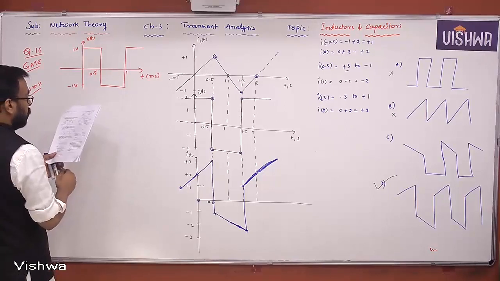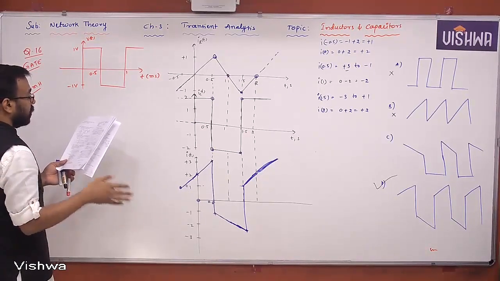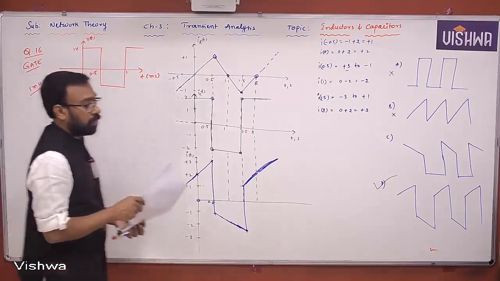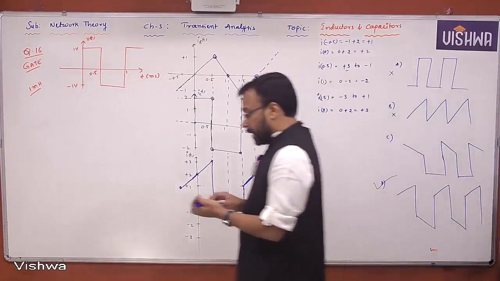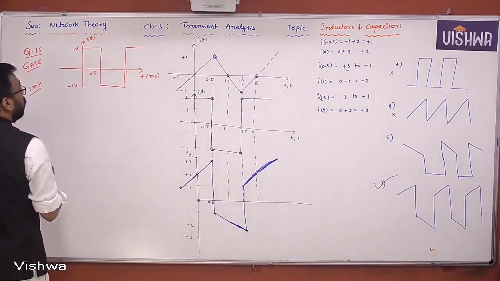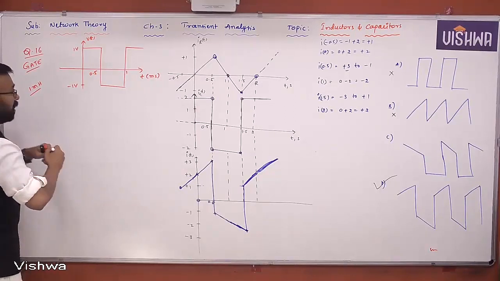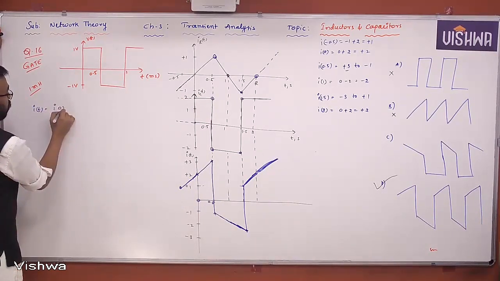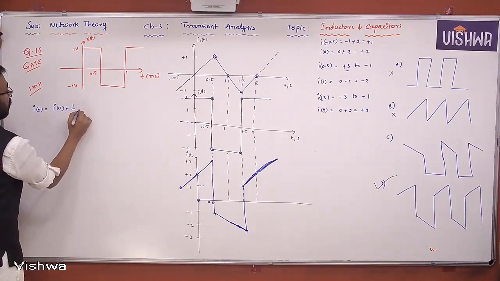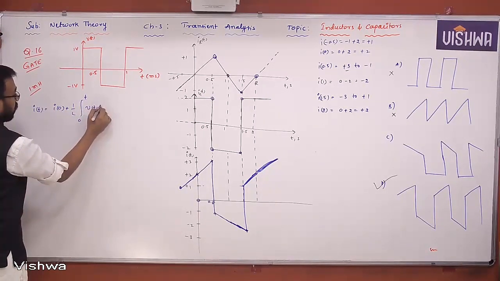Okay, so now what is expecting? The current through the inductor is dash, he's saying. So let us try to answer it easily. When voltage is given and we need to find current through the inductor, what is the formula that we have? Current through the inductor is I of 0 plus 1 by L integral 0 to t V of t dt.